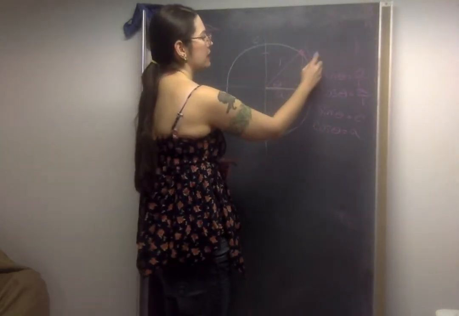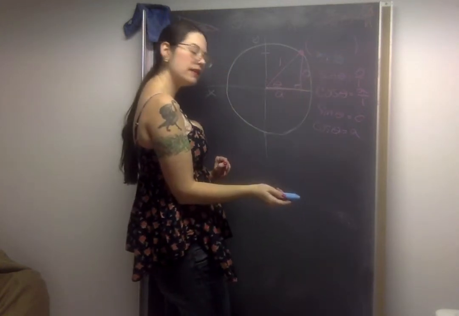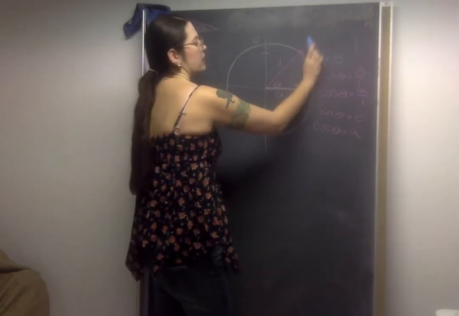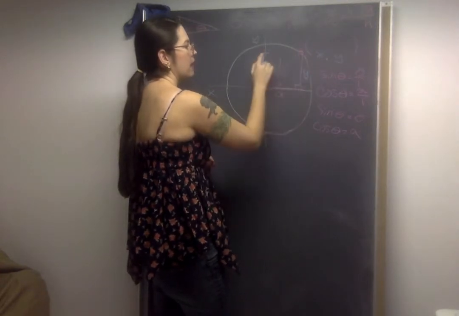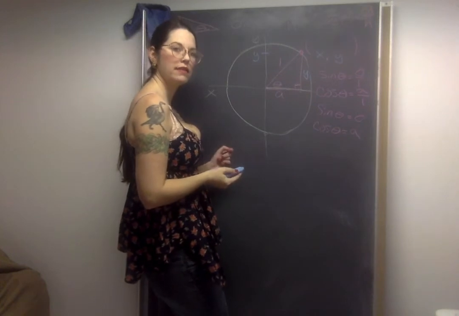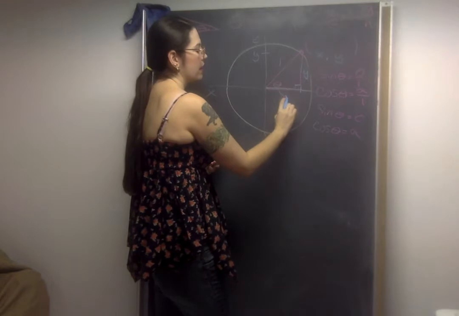If this point is x comma y, as it often is, this value here, I don't have to call it O, I can call it y. That's how high up that point is. This value here, I don't have to call it A, I can call it x.